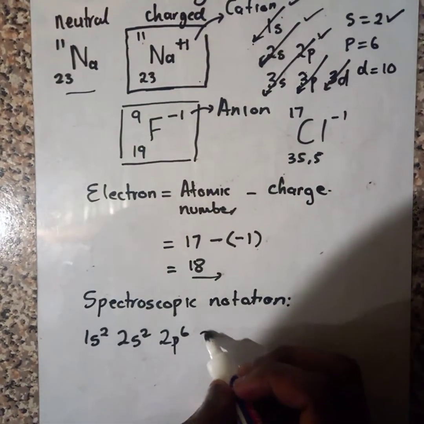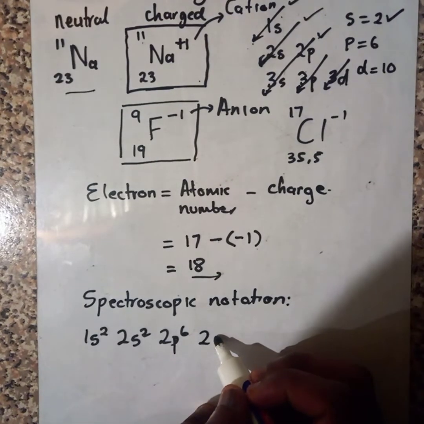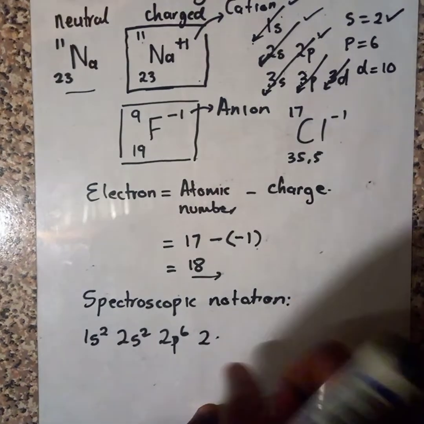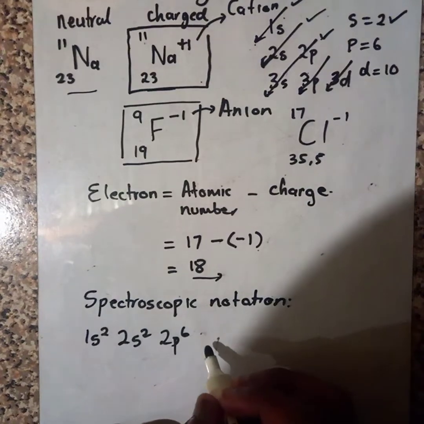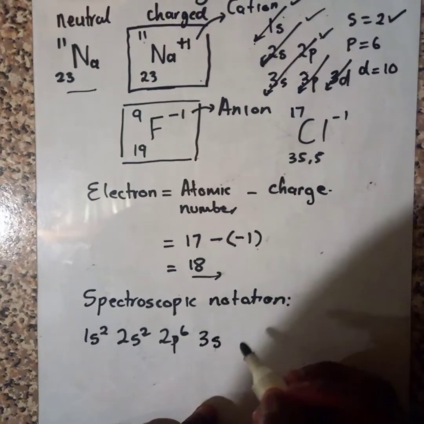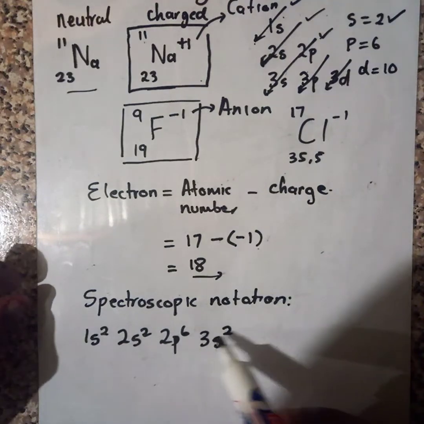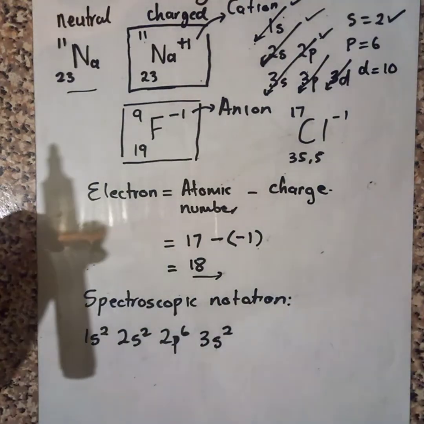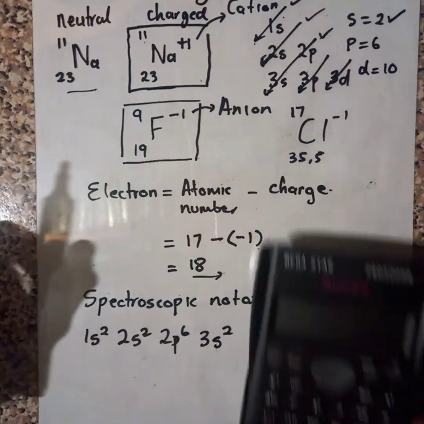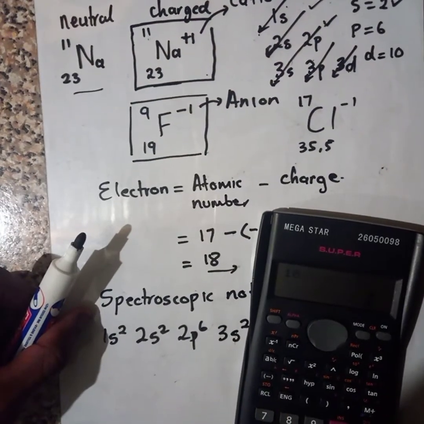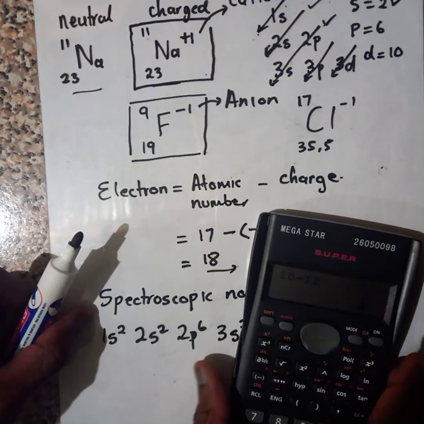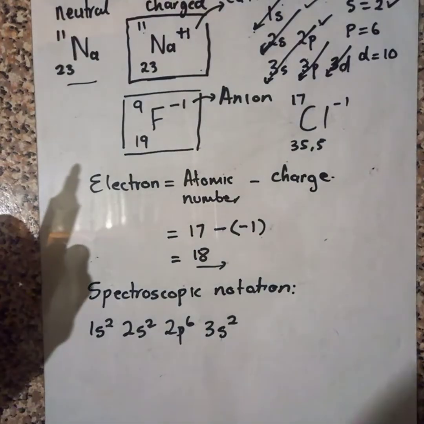Then 3s. Oh, sorry, 3s can take up to 2. At this point we have 10 plus 2 is 12. 18 minus 12, we are only left with 6.